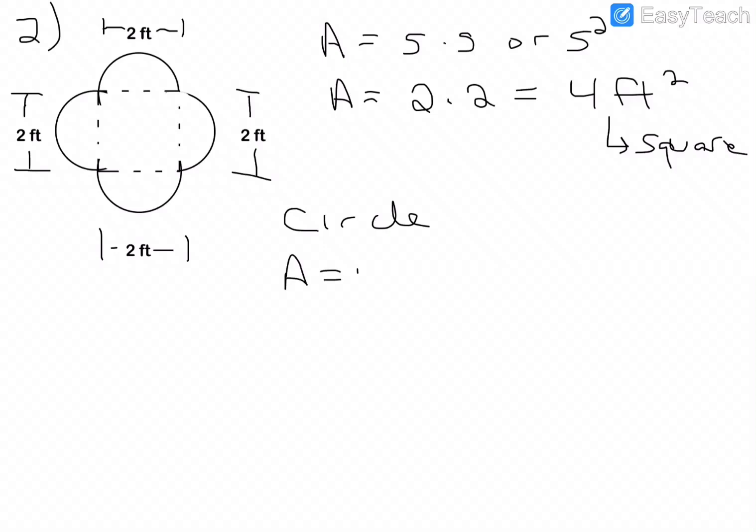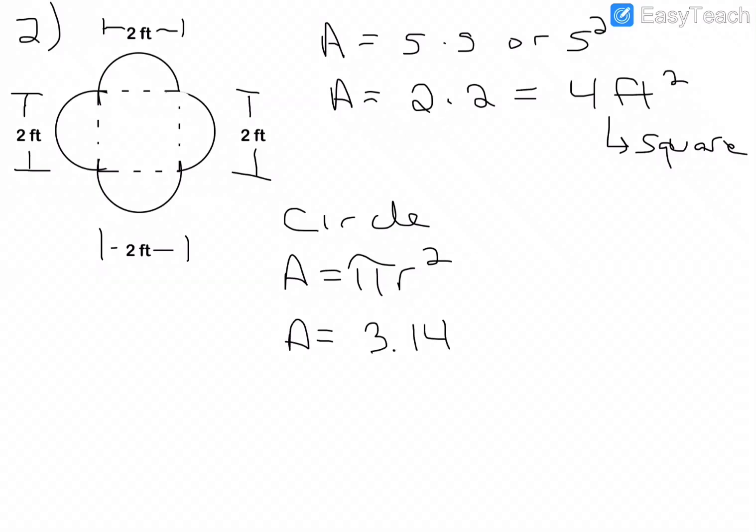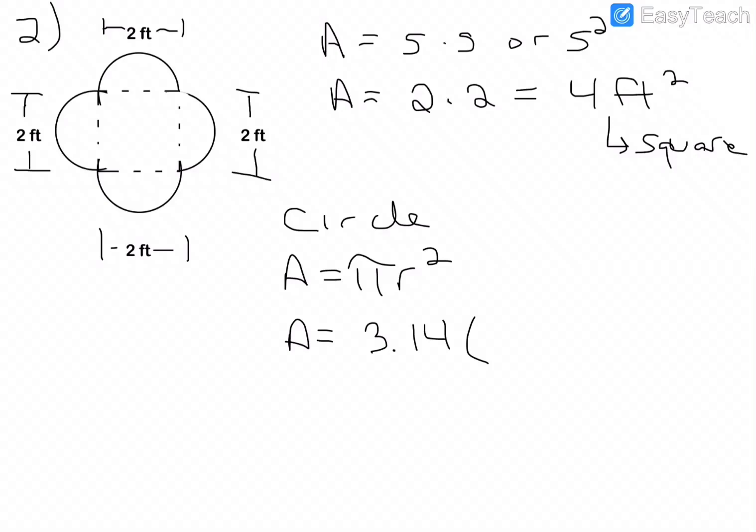Now the area of one circle is area equals pi times the radius squared. Area equals 3.14 times. Now what is my radius? It's telling me my diameter is 2, so that means my radius is half of 2, so it is just 1.